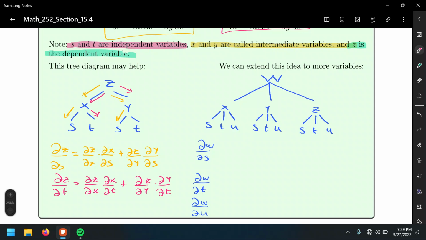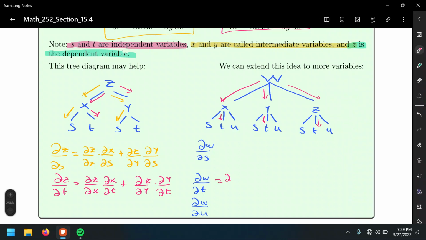So, first of all, let's look at the tree diagram and see how many ways we have to go from w all the way to t, the one that we're interested in. Number one, we can go from w to x and then from x to t, and then from w to y and then from y to t, and finally from w to z and then from z to t. Let's write those partial derivatives.